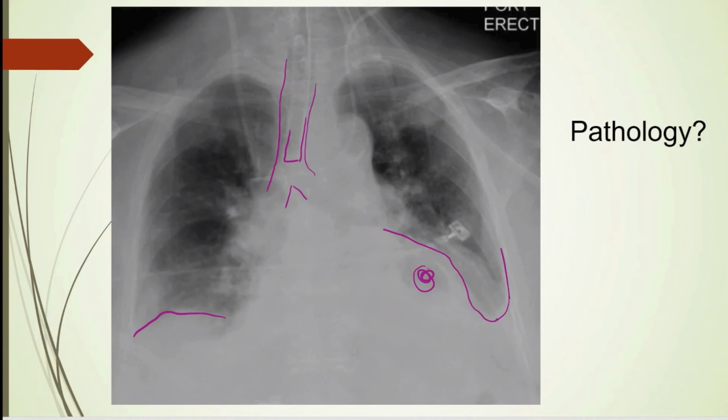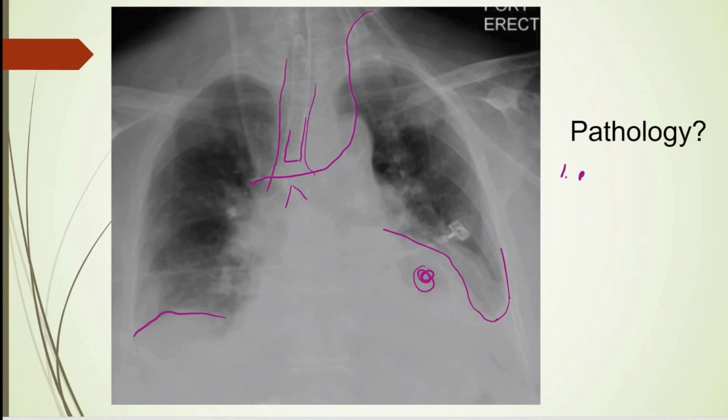Also has a central line. Here's the line coming down here. And this is a problem because you see the tip ends right there. It's up against the vessel wall, so that could perforate that and cause some major issues. So yeah, this is not a good chest x-ray.